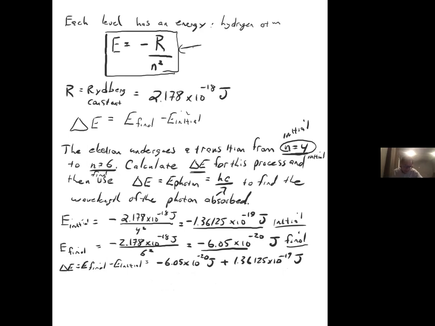Okay, so just make sure we're clear on that. It's going from, so that's initial, to, so that's final. So the 6 is final, right? 6 is final, and then 4 is initial. So then it's the one that has the 6 minus the one that has the 4. Okay, so there's our delta E. It just changes the sign. So it becomes plus 7.5625 times 10 to the minus 20 joules.